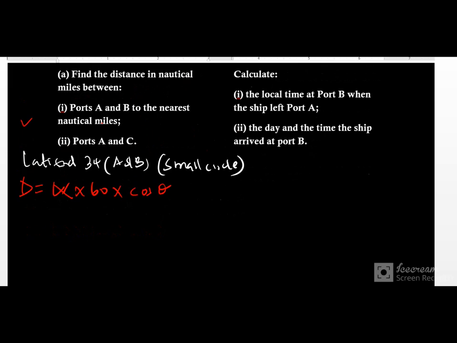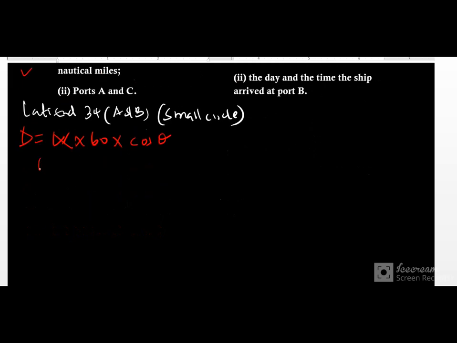So we add: alpha is equal to 24 plus 16, which is 40 degrees. So now it is 40 times 60 times cos 34, theta being the latitude angle. This will give us approximately 1990 nautical miles.